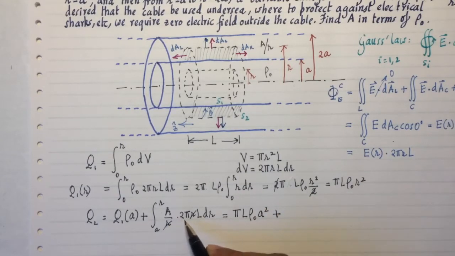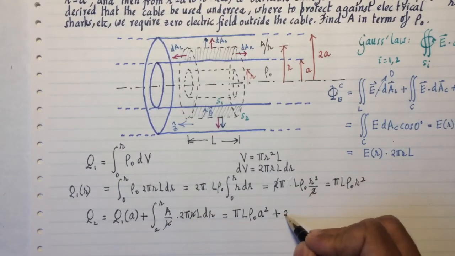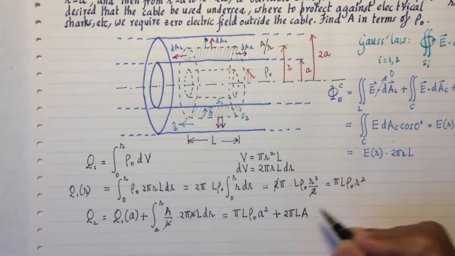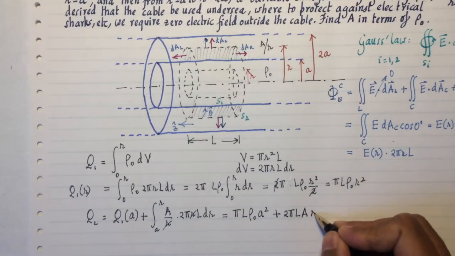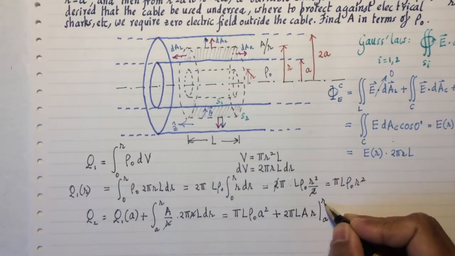You'll notice that it doesn't have any R dependence whatsoever because R's cancelled out. So I can take 2 pi L A outside. And then I have integral of 1 times dr, which is just R between the limits A and R.